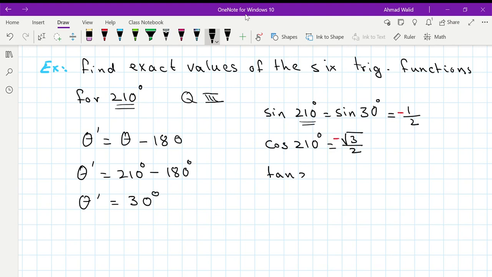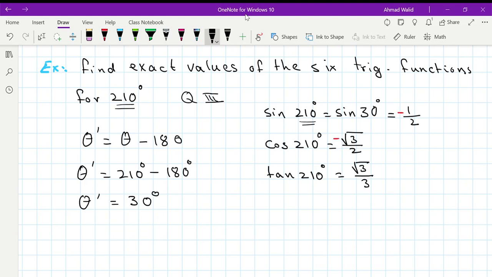Tangent of 210 equals the tangent of 30 degrees, which is radical 3 over 3. It will be positive because tangent is positive in quadrant 3, since negative over negative gives positive.